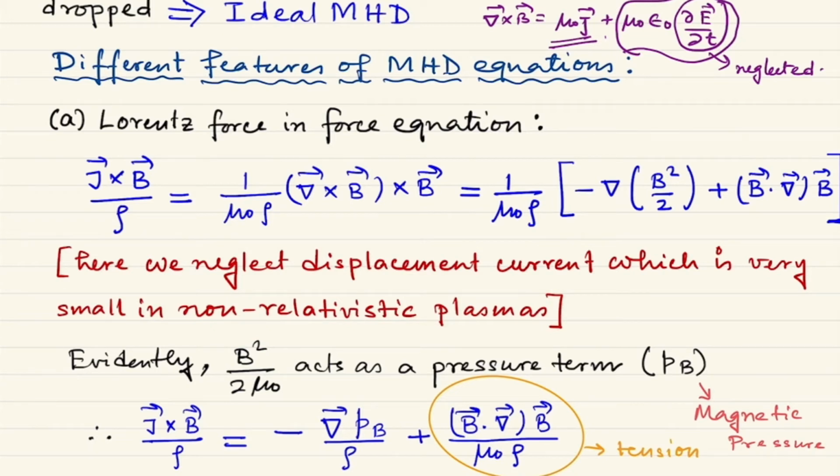So for our case, curl of B is simply equal to mu naught J. Then we can write J as 1 by mu naught curl of B. So this total thing becomes 1 by mu naught rho curl of B cross B, and if you know this special vector identity, this is nothing but minus gradient of B square by 2 plus B dot nabla B.